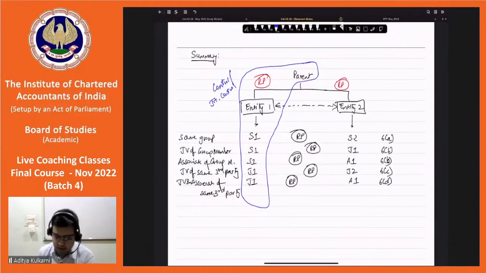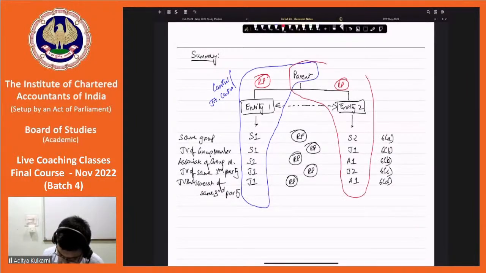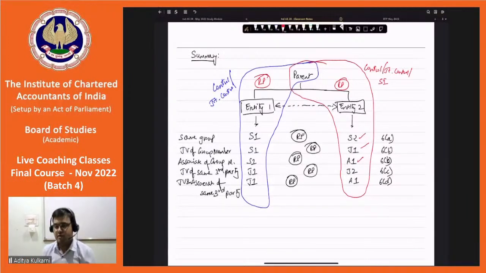And on the other side, there is control, joint control, or significant influence.